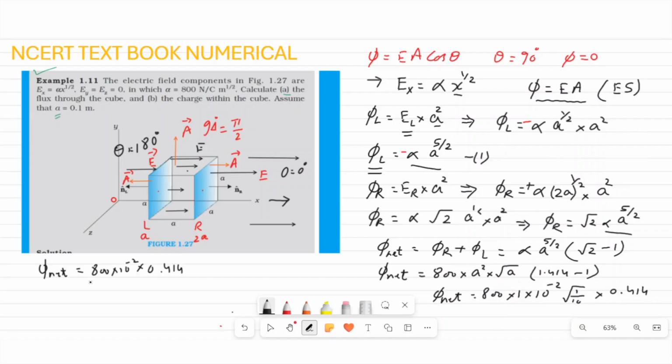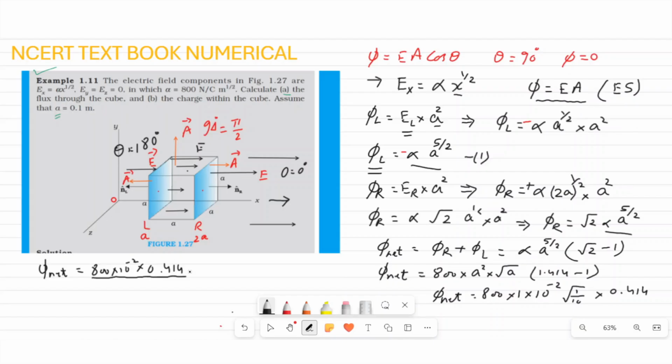So you have to put the value of under root 10. This is 3.16. Solve this.